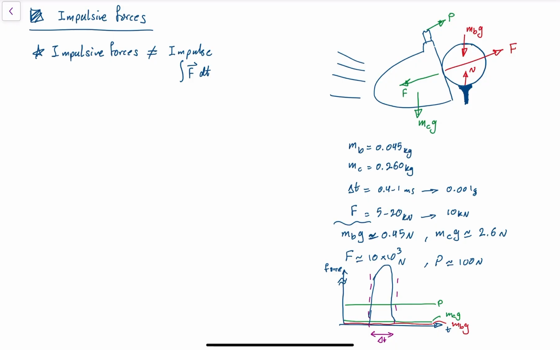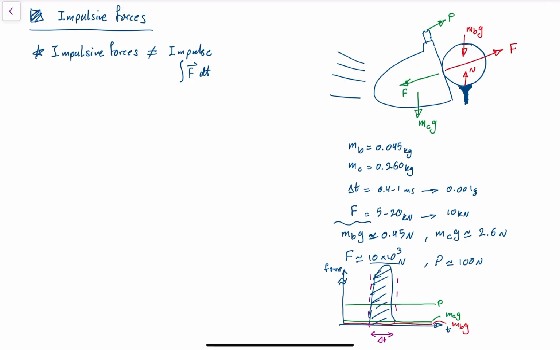Notice that the impulse, the area under the curve, is orders of magnitude bigger than the other impulses.